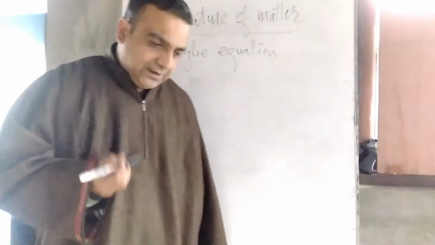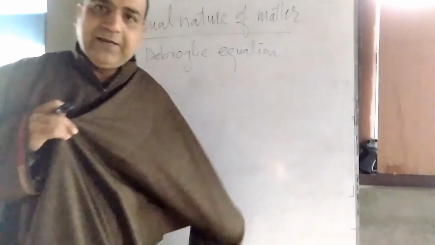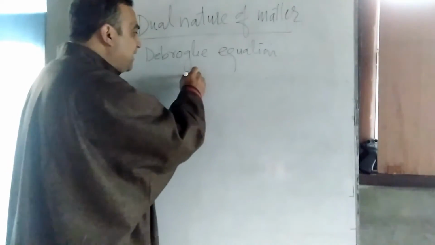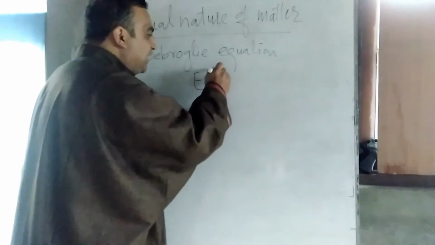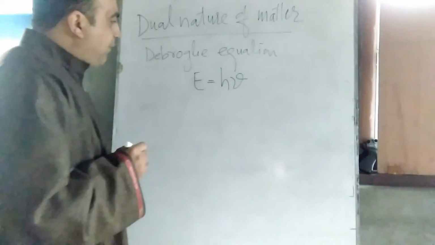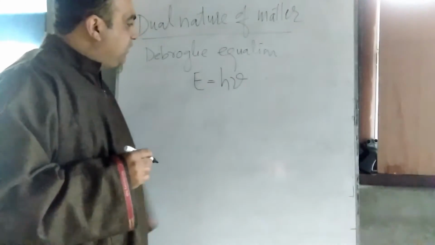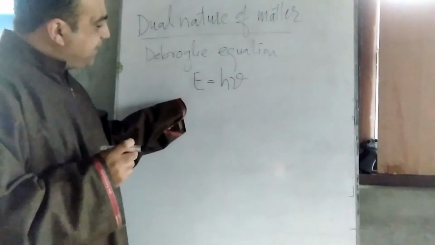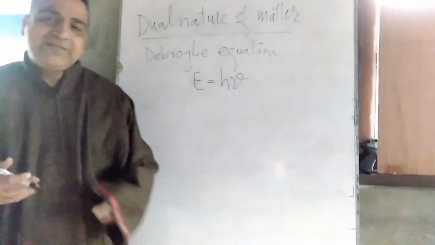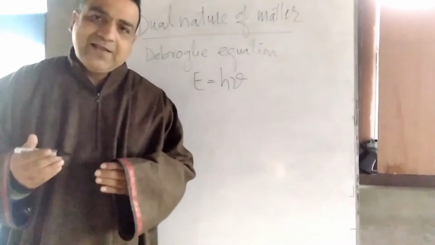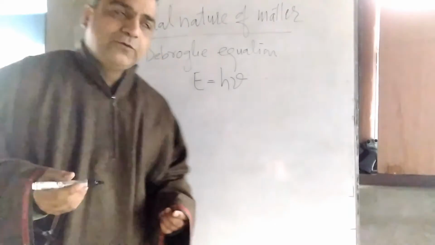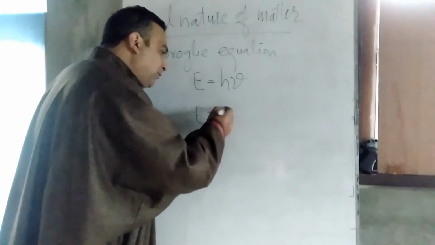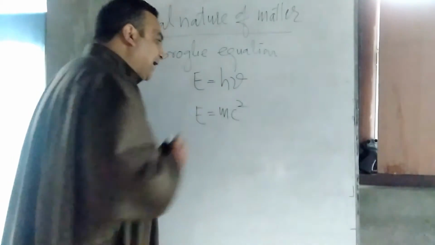So what the de Broglie equation basically says is: assume there is a photon. This photon has an energy E equal to h nu, where h is Planck's constant and nu is the frequency of the photon. At the same time, if we take a moving photon, then according to Einstein, the energy of the moving photon, which has mass, is mc squared.